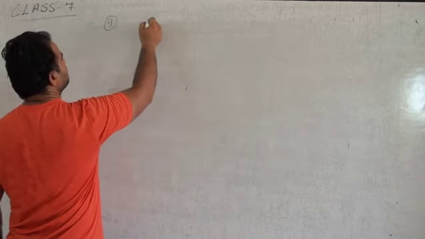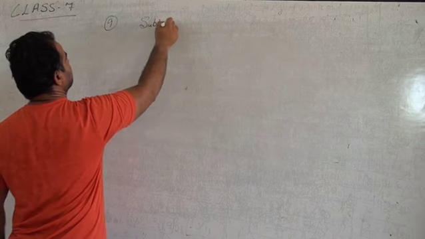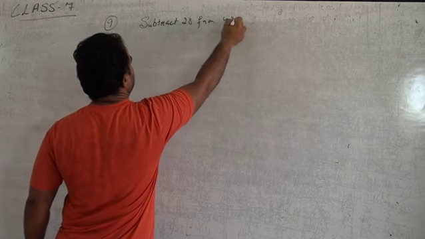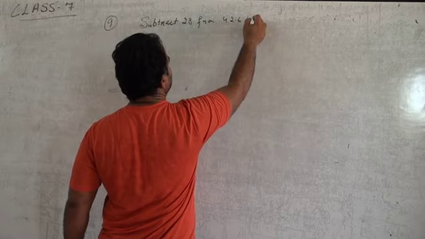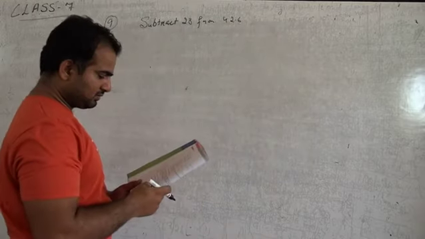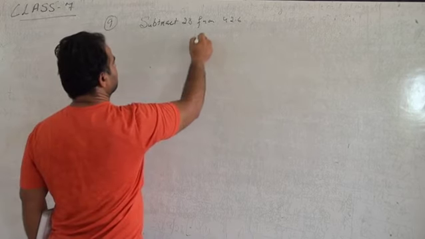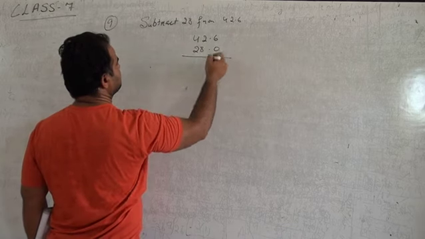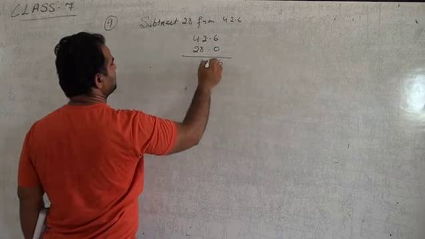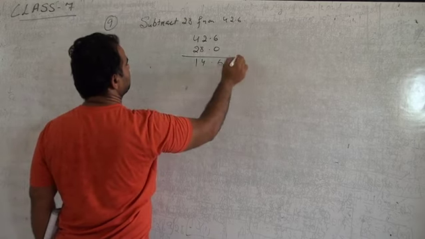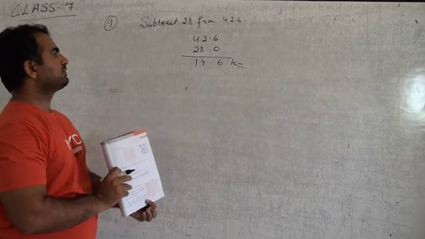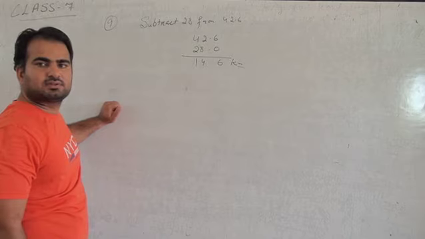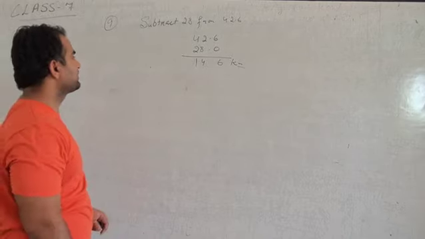So 42.6 minus 28.0 equals: 6, then 12 minus 8 equals 4, and this will be 14.6 kilometer. So 28 is 14.6 kilometer less than 42.6. So this is our final answer.